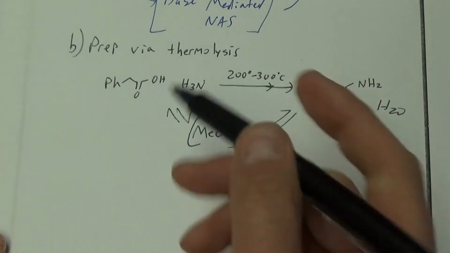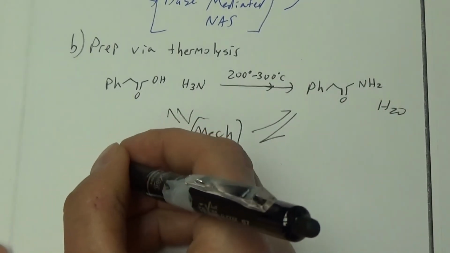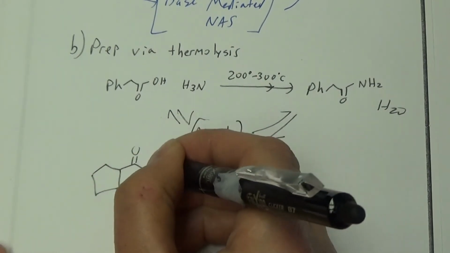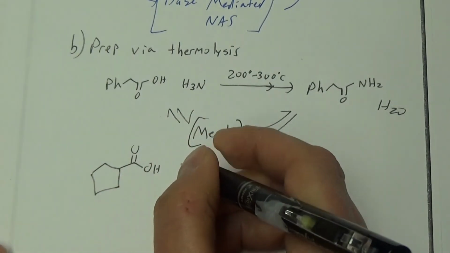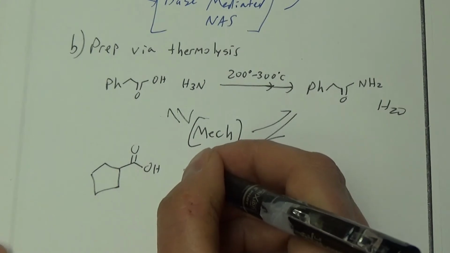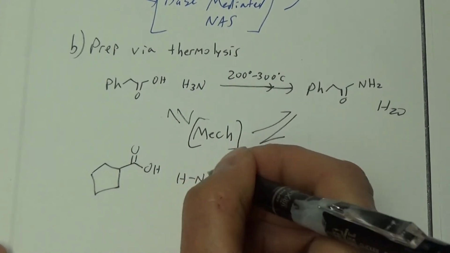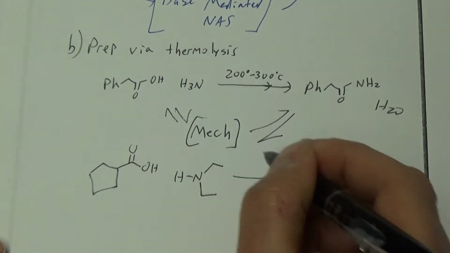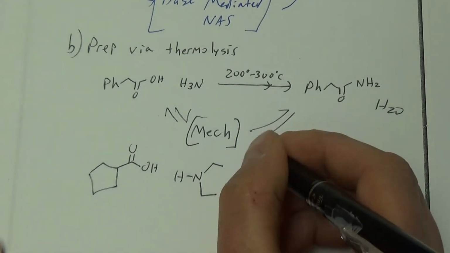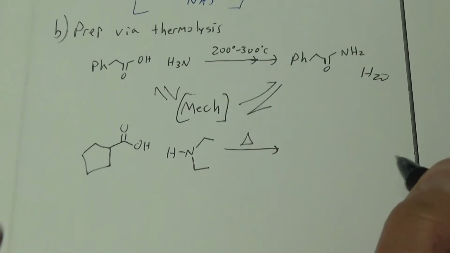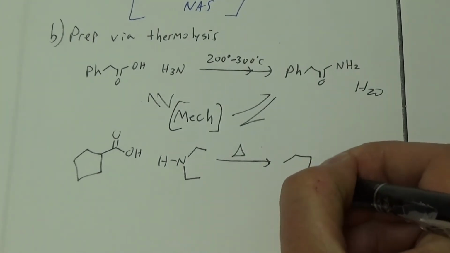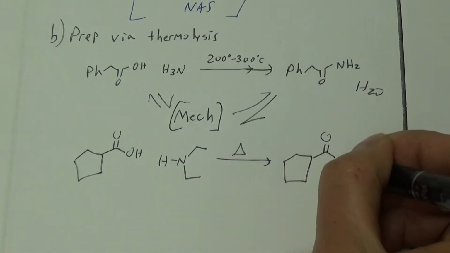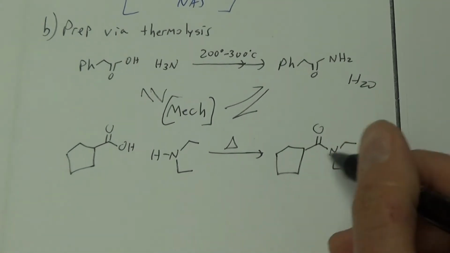I'll just show another example, because the book does talk about this. If I have a carboxylic acid, and I want to make an amide with diisopropylamine or diethylamine, I can cook these up to a pretty high temperature, and then it will also create the amide, but it's not really something I emphasize. If you want to read more about it, it's in the book.